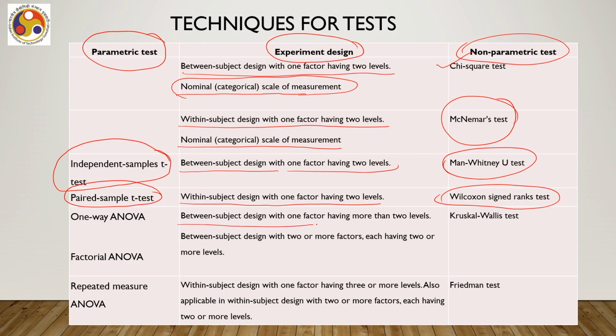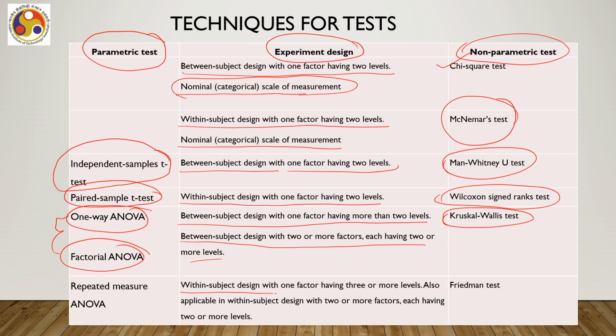Similarly, for between subject design with one factor having more than two levels, we can go for one-way ANOVA. If we have between subject design with two or more factors each having two or more levels, we can have factorial ANOVA. Both of these are parametric tests. Also, we can go for the Kruskal-Wallis test if we have between subject design with one factor having more than two levels.